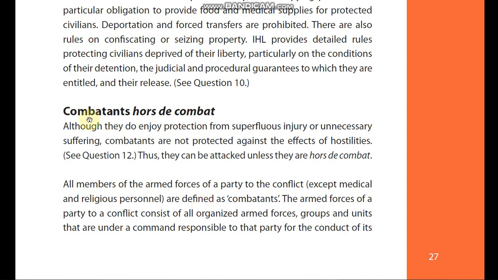I mean, you can kill the combatant of the enemy, but you do not have to use means that may lead to superfluous injury or any unnecessary suffering. So combatants aren't protected against the effects of hostilities in general, but they are protected against these things, the superfluous or unnecessary suffering.